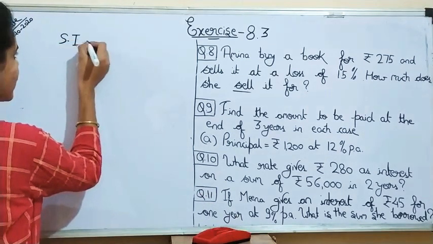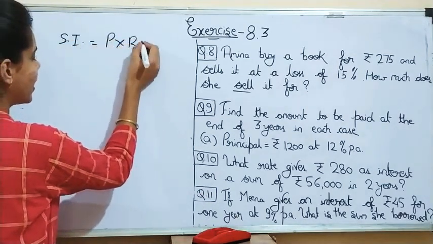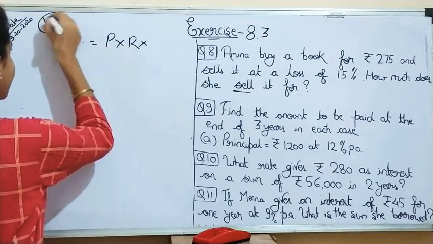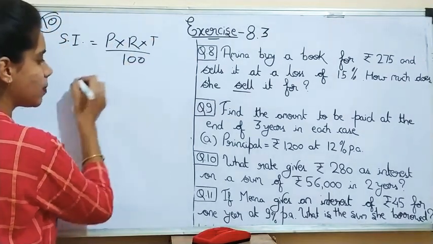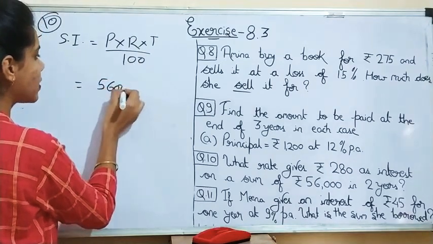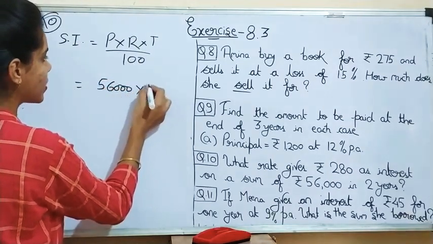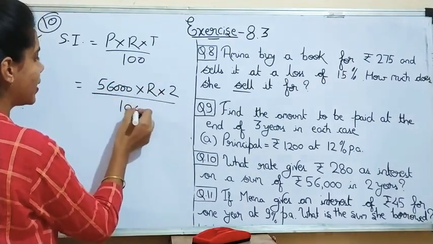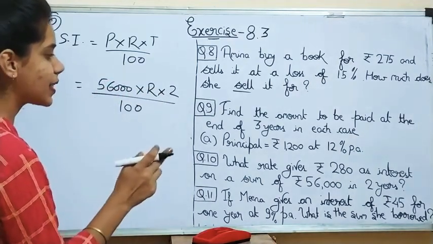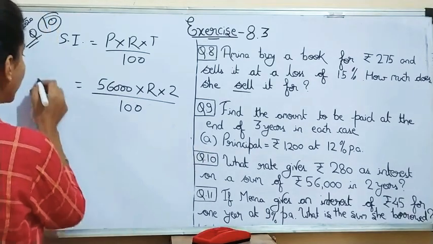So simple interest equals PRT upon 100. The principal amount is 56,000, the rate is not given, the time is given, and upon 100. SI will be 280.